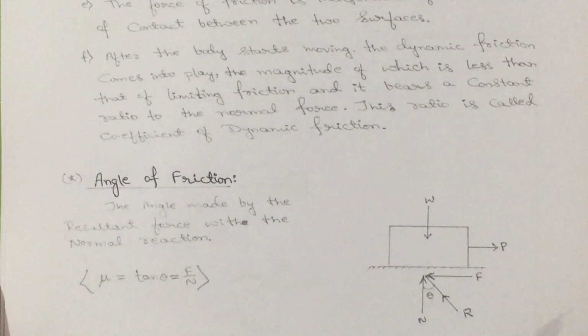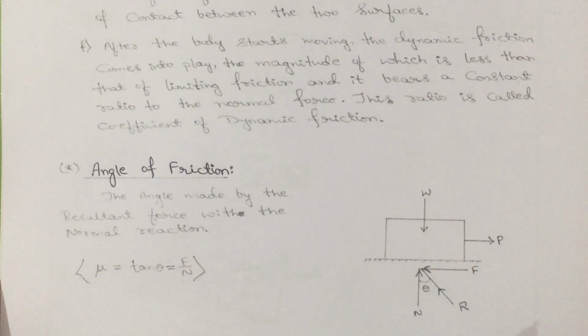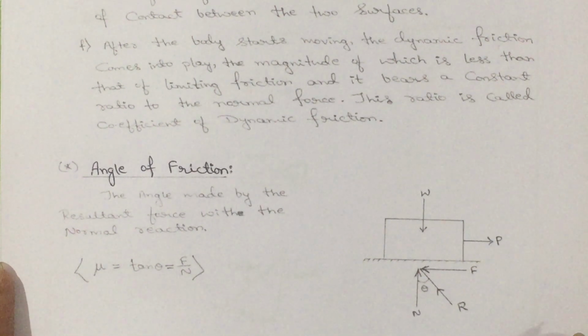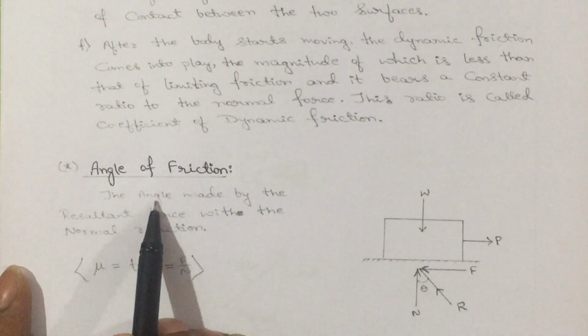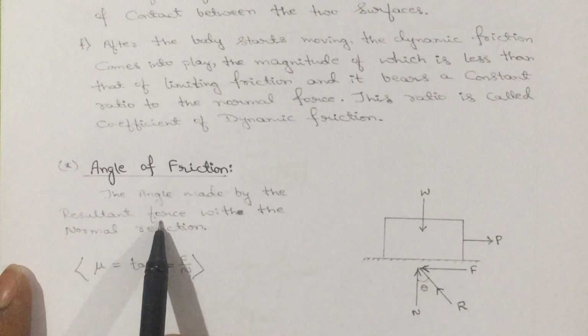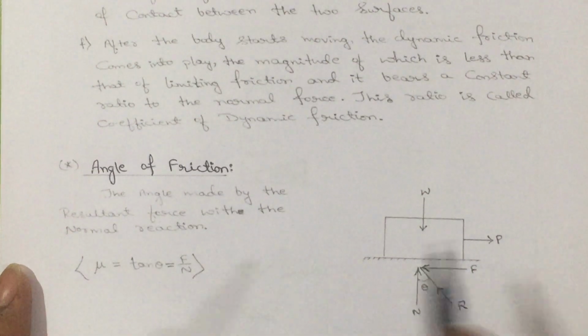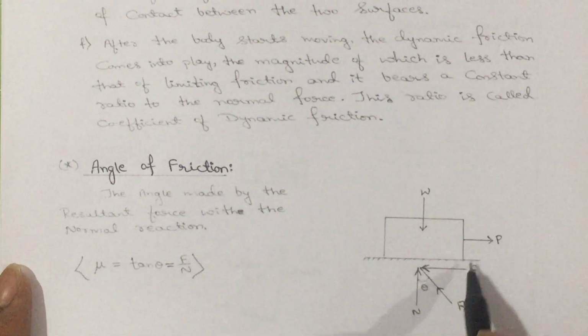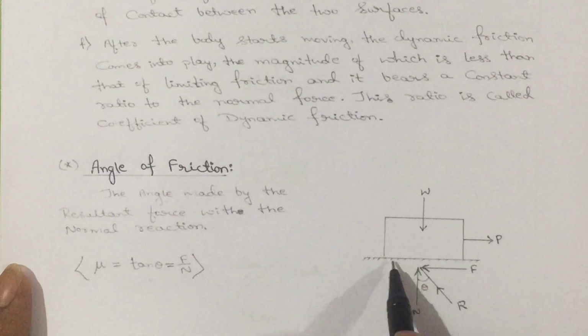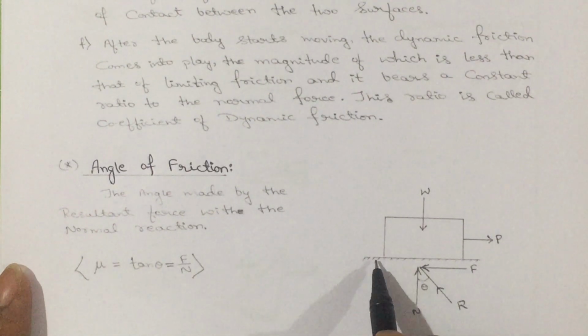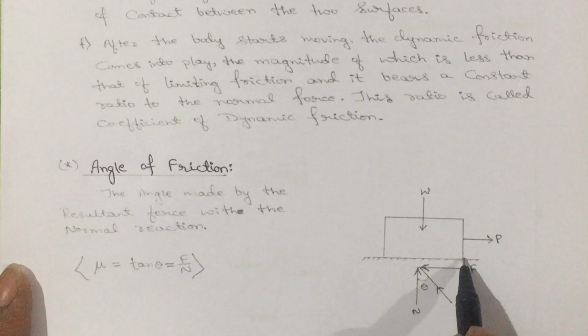Now, another important definition is the angle of friction. What do you mean by angle of friction? The angle made by the resultant force with the normal reaction is known as the angle of friction. For example, this is a body and this is the floor, with the body in contact with the floor at this contact surface.